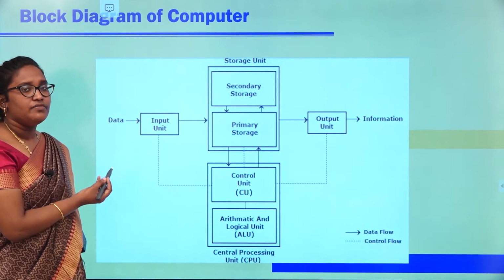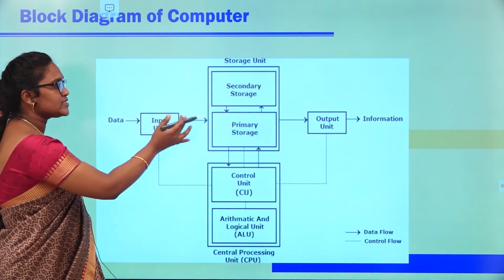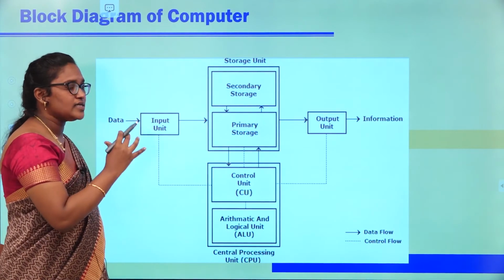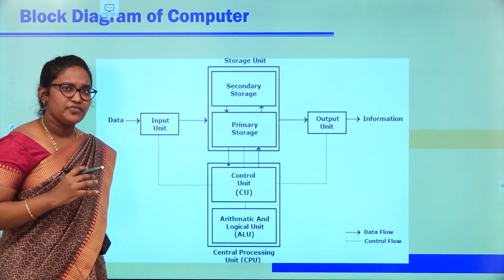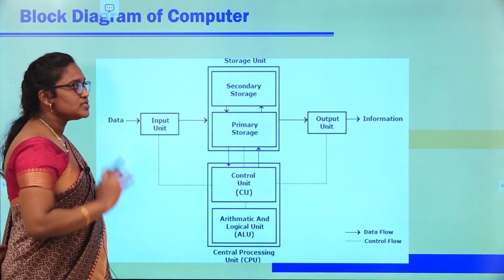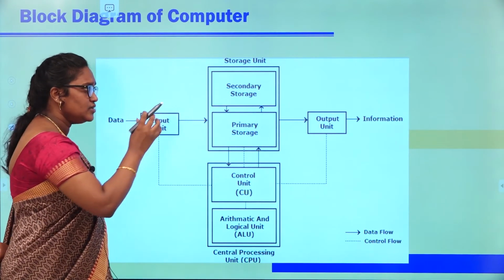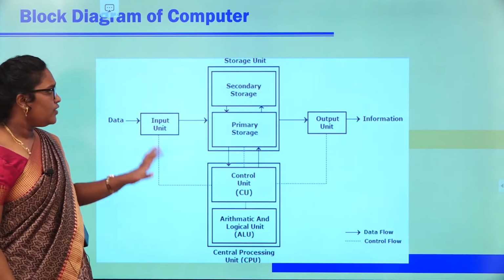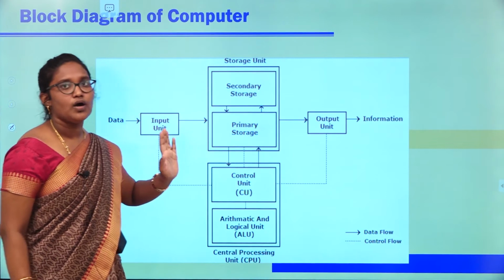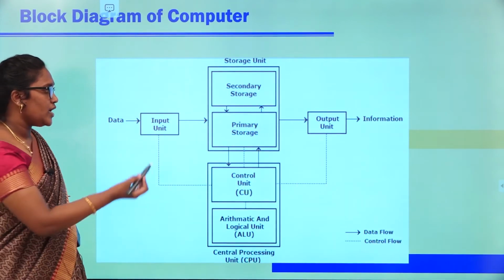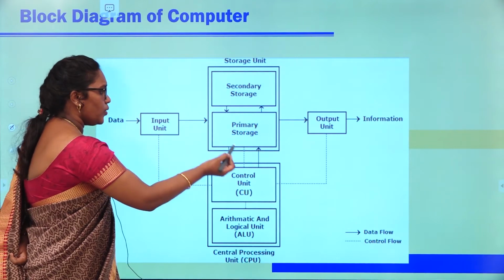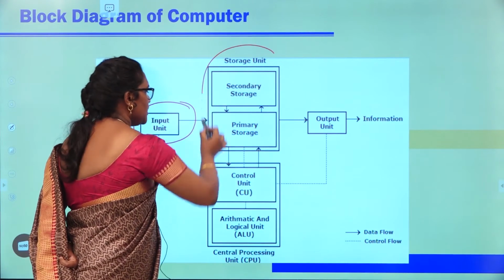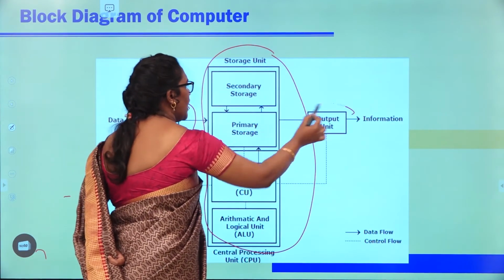Now we will see a very important concept. If you understand this particular concept in computer science, you will be able to understand the basic function of how computers work and which part takes control over which type of data. If you understand this block diagram of a computer, you can see three highlighted things: input, CPU and output.